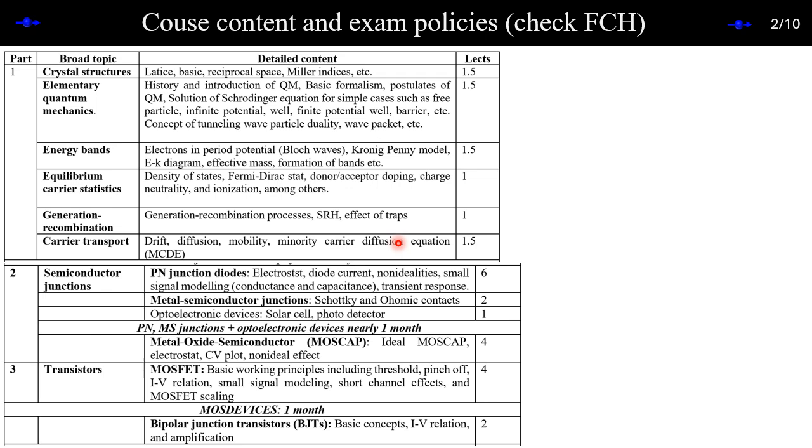You can integrate other stuff to that and actually make the MOSFET, the key device for modern electronics. MOSFETs are not the only transistors; there are also bipolar junction transistors. We'll have maybe 1 or 2 lectures on that.